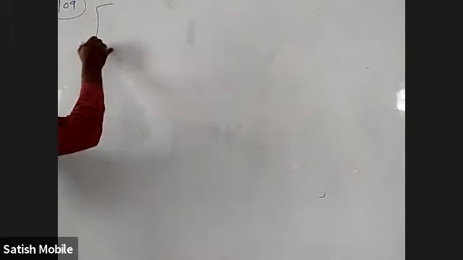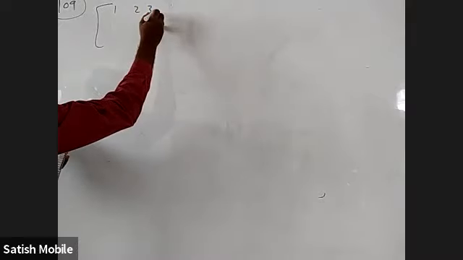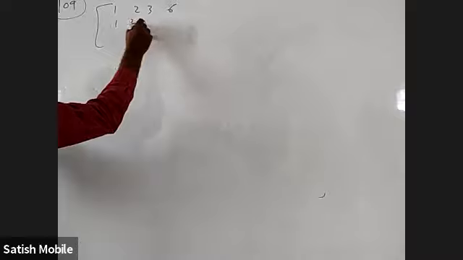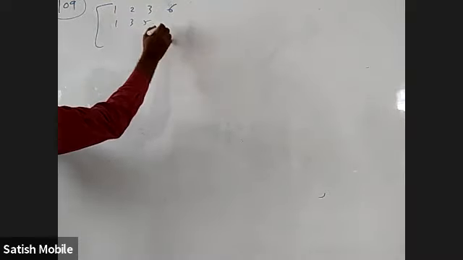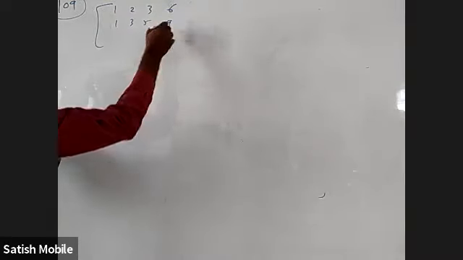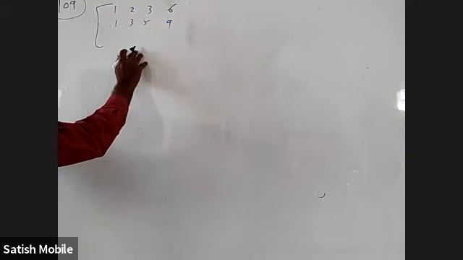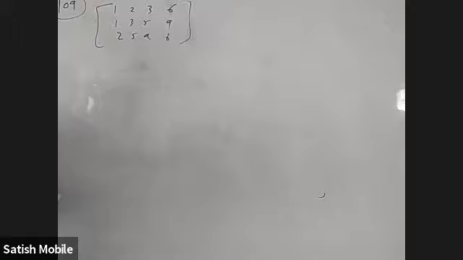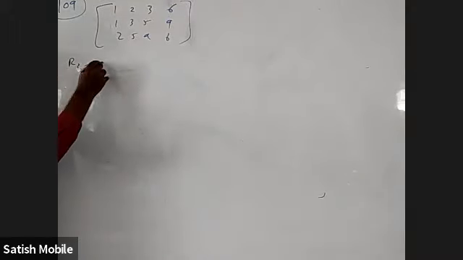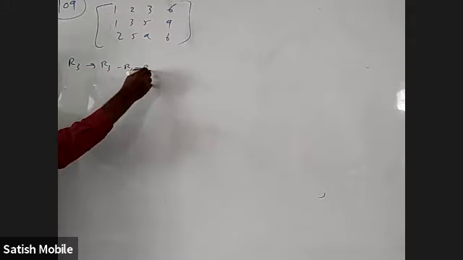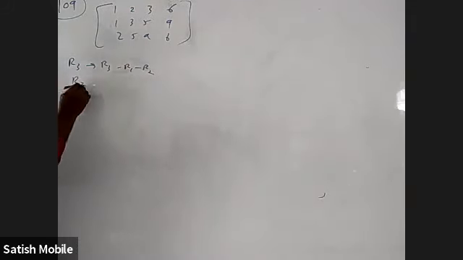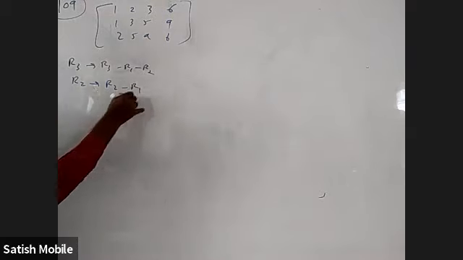Okay, 109, 1, 2, 3, 6, 1, 3, 5, 9, 2, 5, A, B. I can write R3 as R3 minus R1 minus R2. Directly this will become 0 because this sum is this. And R2 as R2 minus R1.